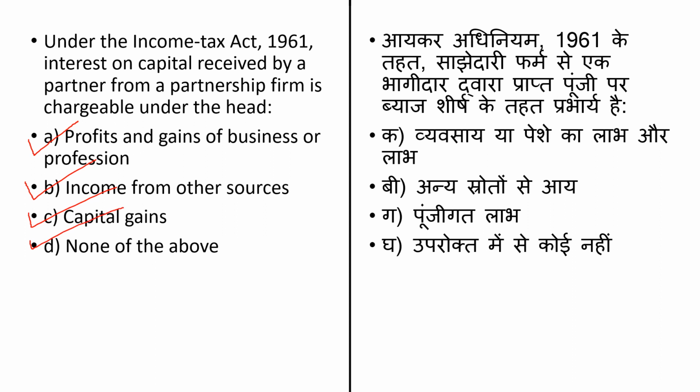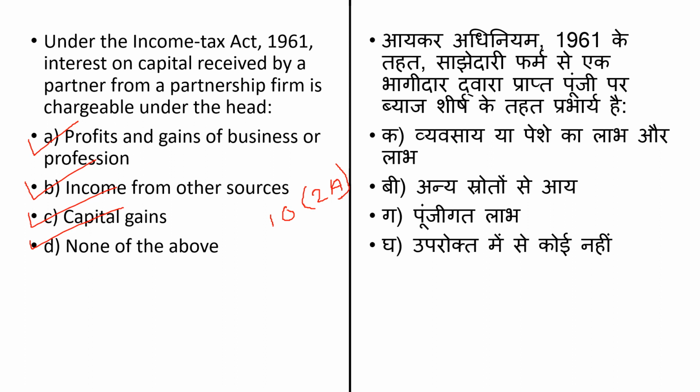So here, as per Section 10 clause 2A, please remember the section again, that is 10 clause 2A. Share of the profit received by the partner from the firm is exempt from tax in the hands of the partner. This exemption is limited only to the share of profit and does not apply to the interest on capital and the remuneration received by the partners from the firm or an LLP.